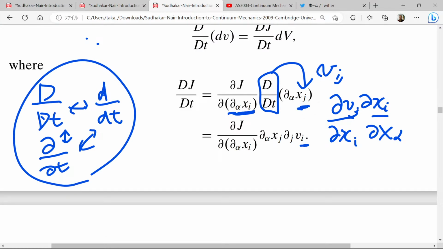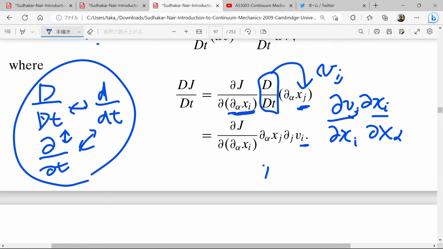Okay, here it is xj. This is a typo. Is it a typo?